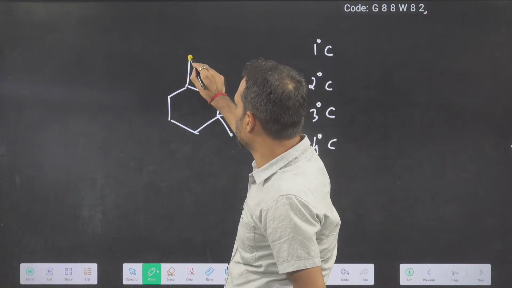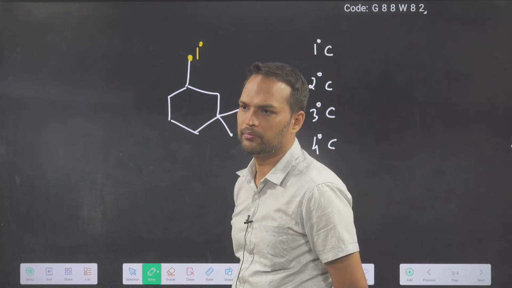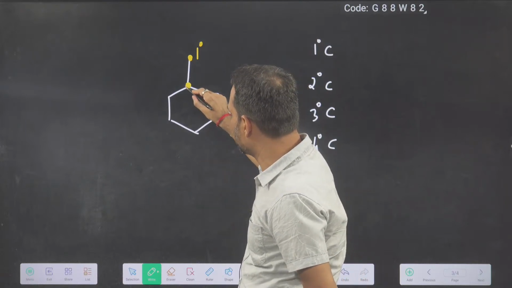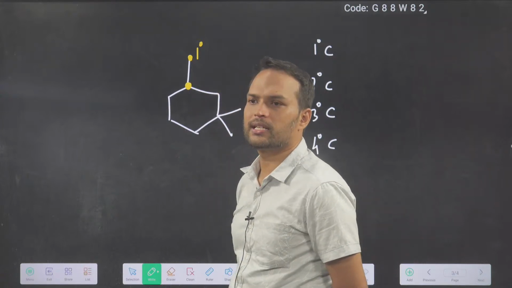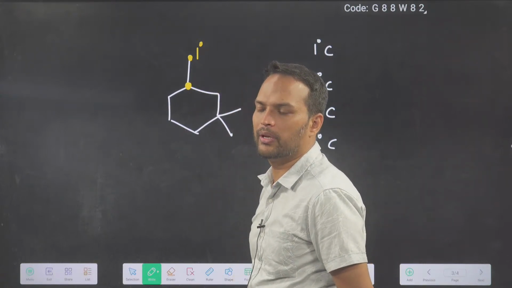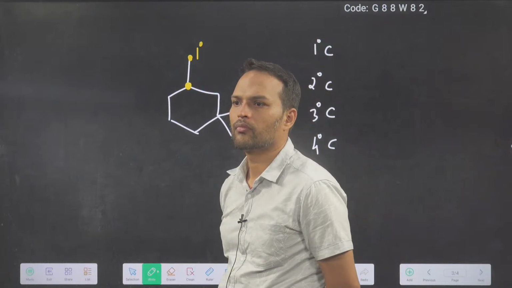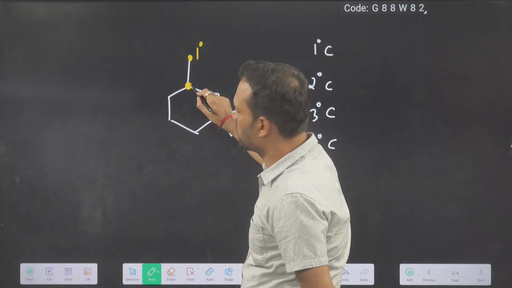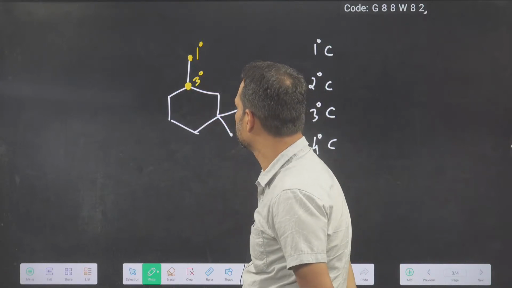This carbon is connected to how many carbon? 1. So 1 degree carbon. Let's talk about this one. This carbon connected to how many carbon? Next. This carbon connected to how many carbon? 3. So this is 3 degree.